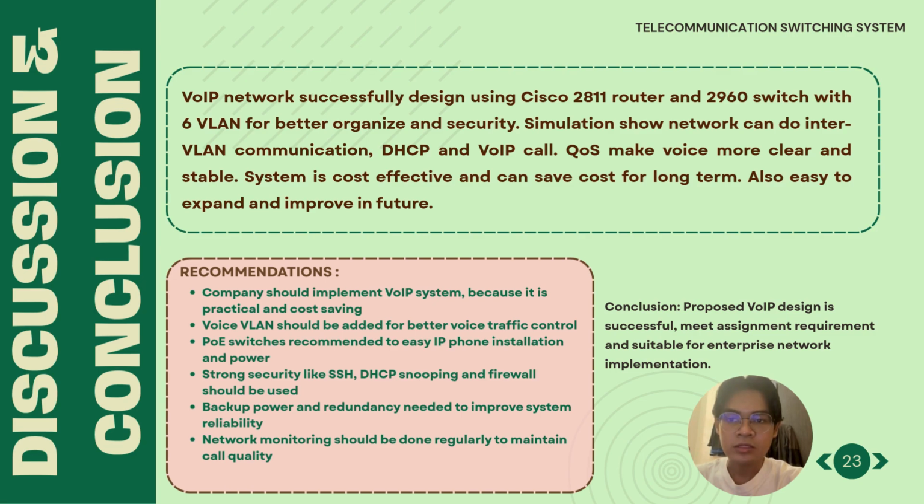QoS makes voice more clear and stable. The system is cost effective and can save cost in the long term, and is also easy to expand and improve in future. So for the recommendation for this VLAN and VoIP, a company should implement VoIP system because it's practical and cost saving.